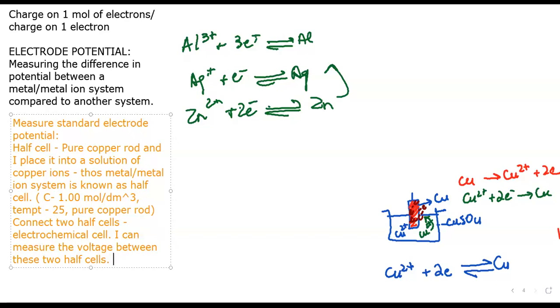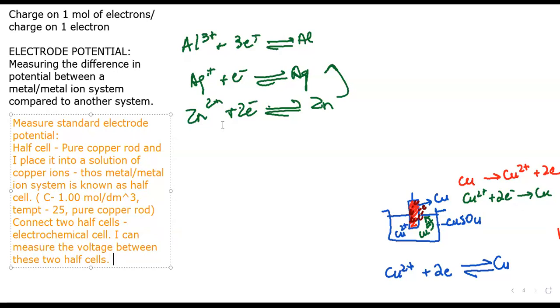So how can I connect these half cells together with each other? Half cells can be connected using wires, connecting the metal rods to a high resistance voltmeter. That's one thing I can do.